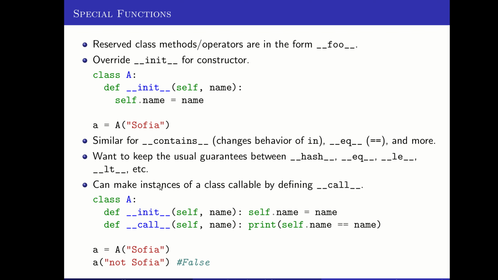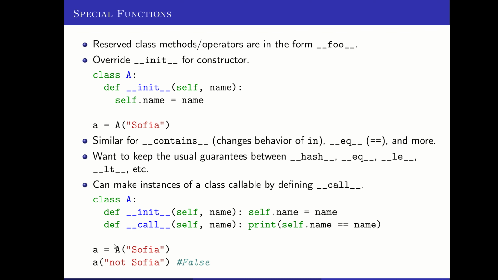We can make instances of a class be callable like a function by defining underscore call for them. So for instance, here we say that if we call my A class, it's going to print whether or not its name is equal to the parameter name that was provided there.